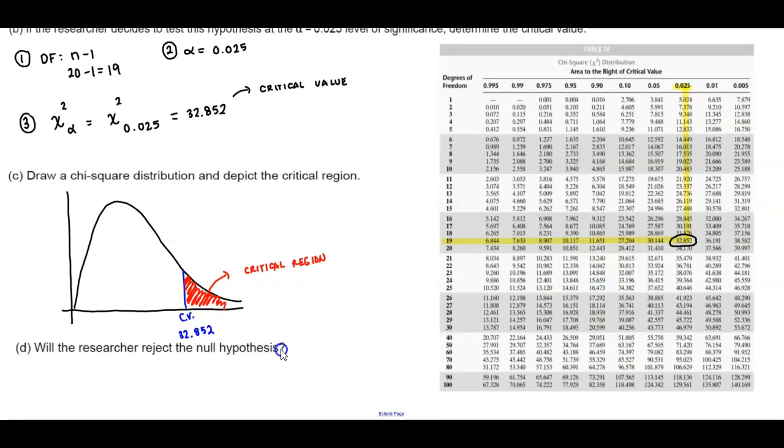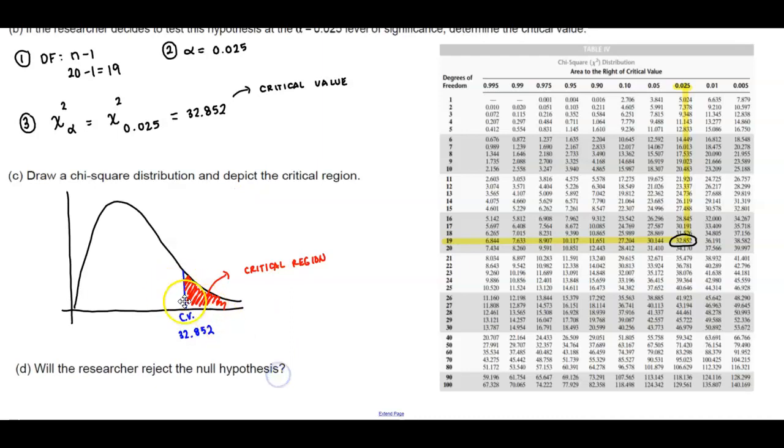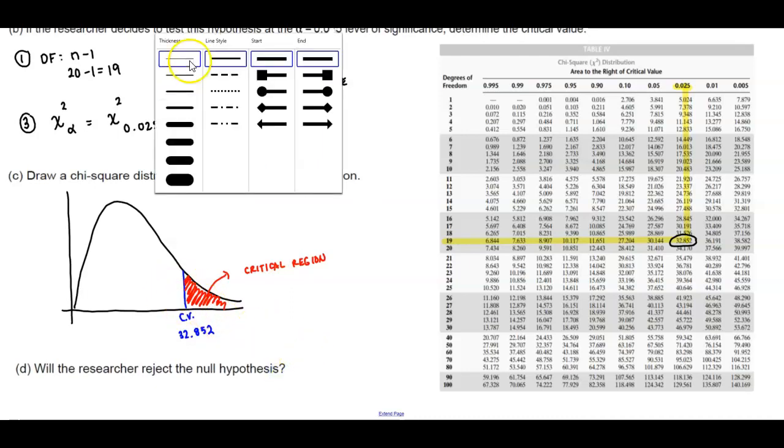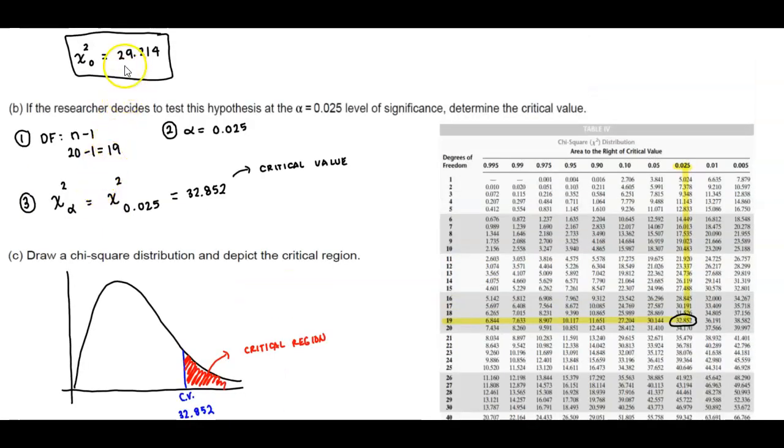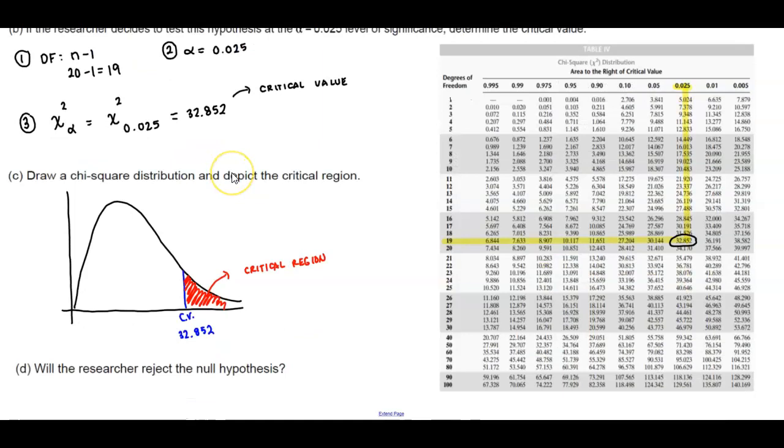We can answer part D by looking at this graph. Where is the test statistic? Our test statistic is 29.214, and that is to the left.